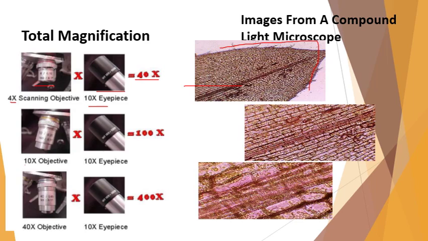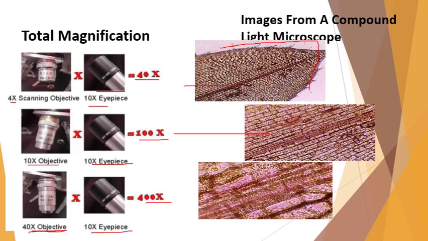Similarly, here we have a 10x objective lens and a 10x eyepiece. Then we multiply both for magnification, and we obtain 100x. This is the view at 100x. Similarly, here we have an objective of 40x and an eyepiece of 10x. The magnification power is 400x.